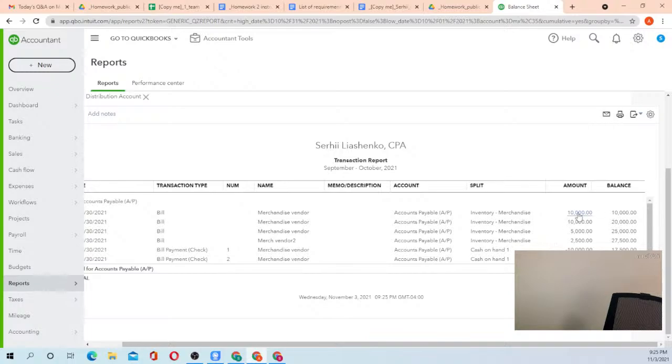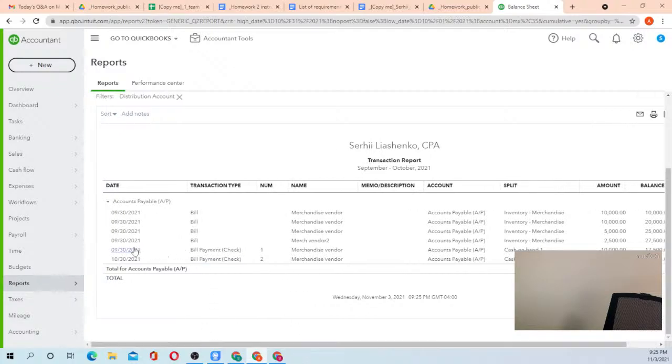So we acquired 27,500 and paid 10,000 and paid 10,000. Okay, that's interesting. I cannot reconcile that on the first try.